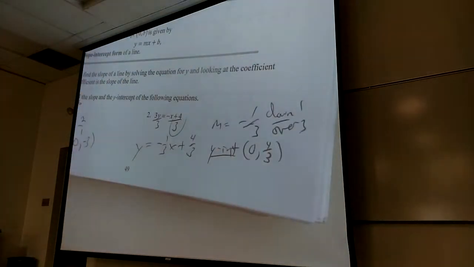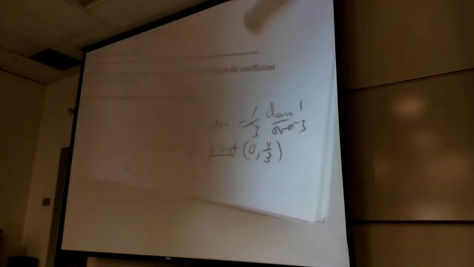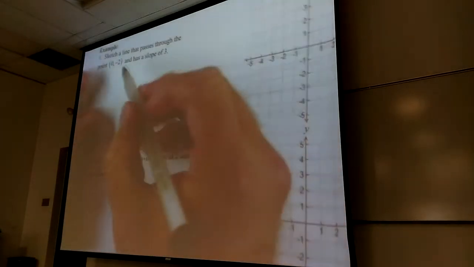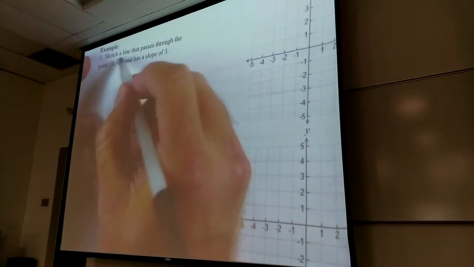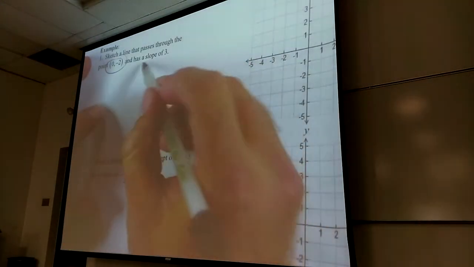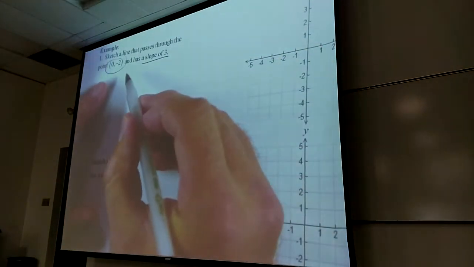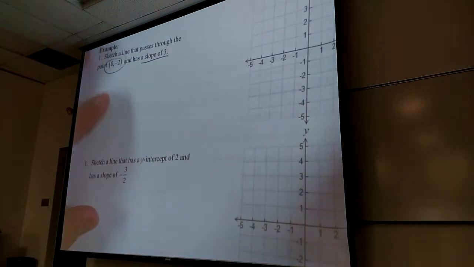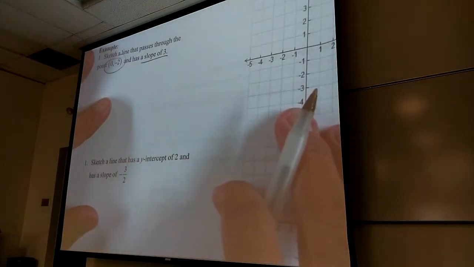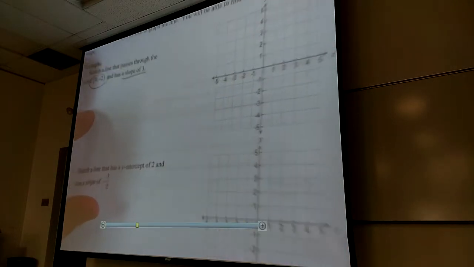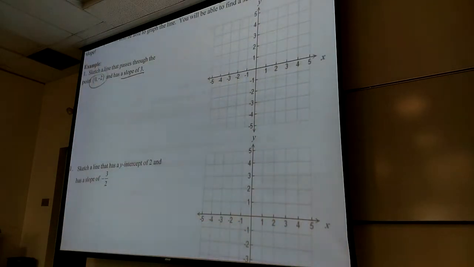So now, this is why I like doing this before what they have up here. Just to show you, if I go through the point 0, negative 2, and have a slope of 3, where do I start? How do I graph that line? Good, beautiful.